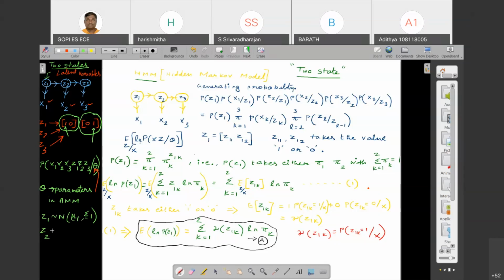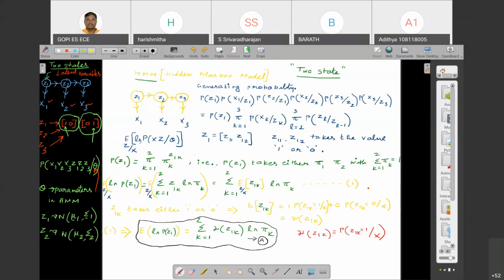The vector generated from z2, that is what I am talking about, not z2 as it is, follows the normal distribution with mean mu2 and sigma 2. Of course, we have only 2 states available, so we have mu1 sigma 1, mu2 sigma 2.